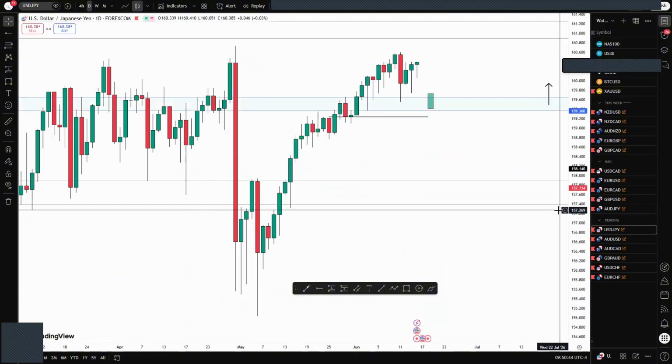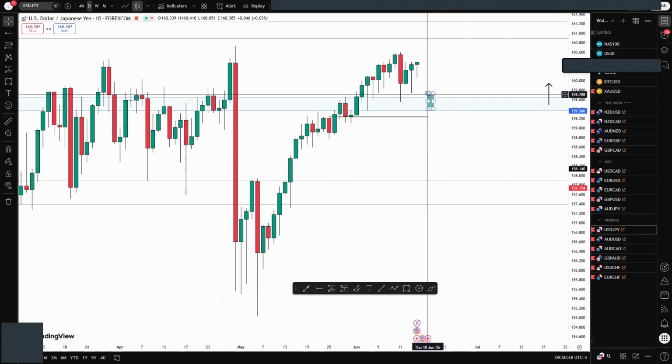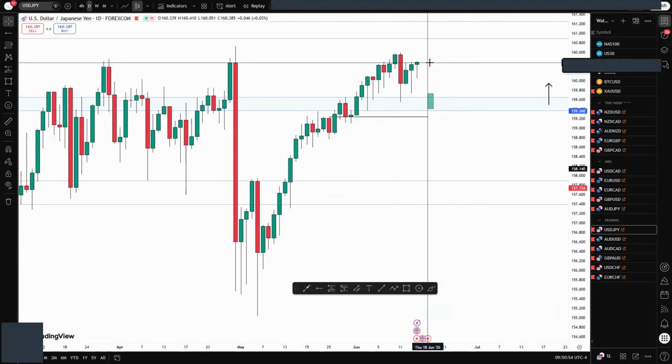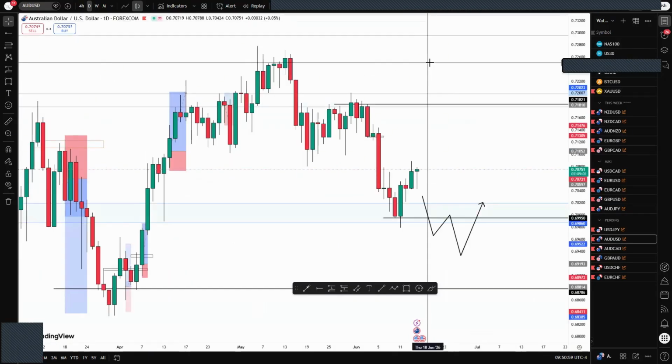USD JPY, price didn't retest my level, only reacted, and it's still buying. AUD USD. You can see price to here.